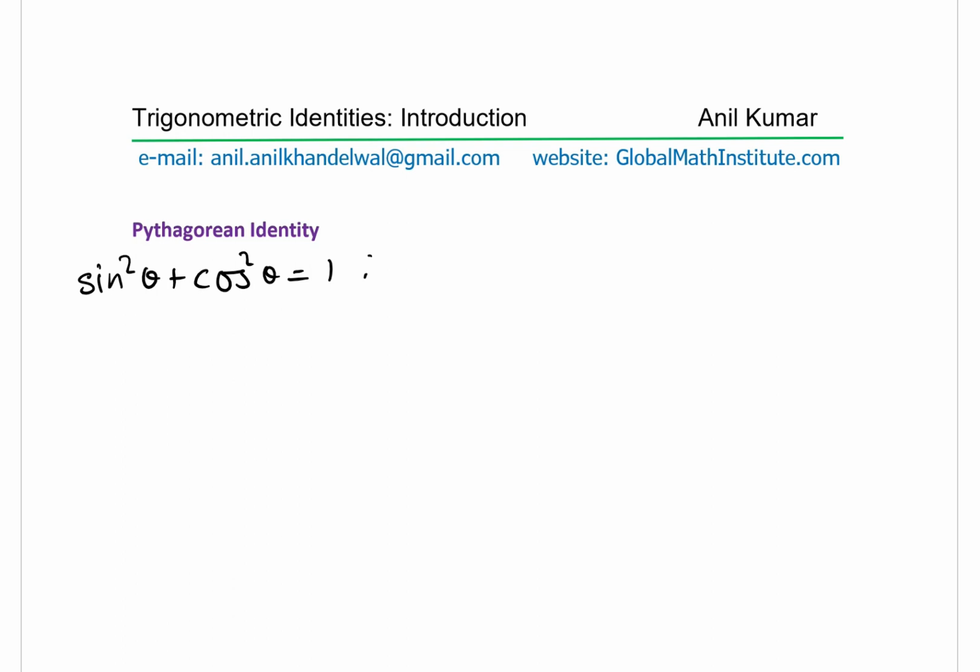The other one is 1 plus tan square theta equals secant square theta, and the third one is 1 plus cot square theta is cosecant square theta. So these are the three identities which we need to prove. We'll begin with the very first one, and we can actually prove the later ones from the first one itself.